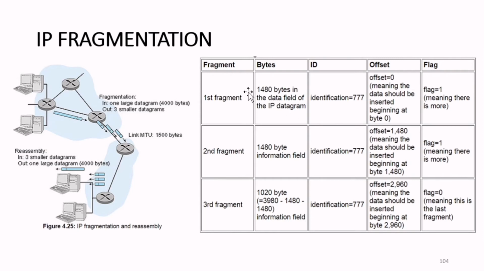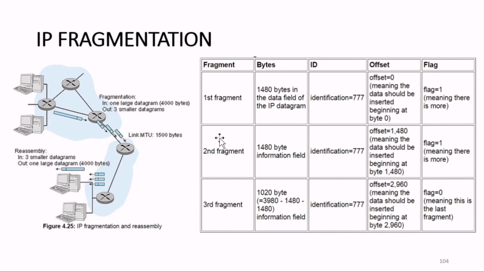So we deduct 20 bytes from 1500, and that's how we get this number. The identification is 777, offset is 0, and flag is 1. A flag of 1 means there are more fragments, and 0 means this is the last fragment.